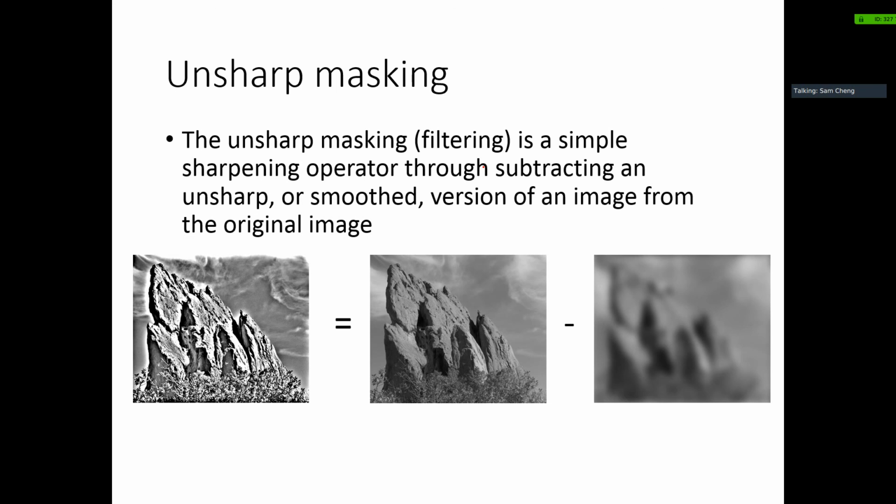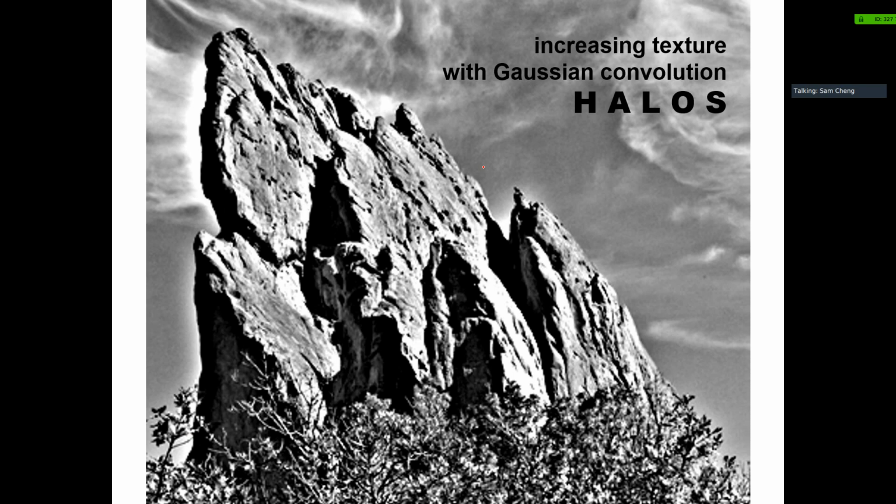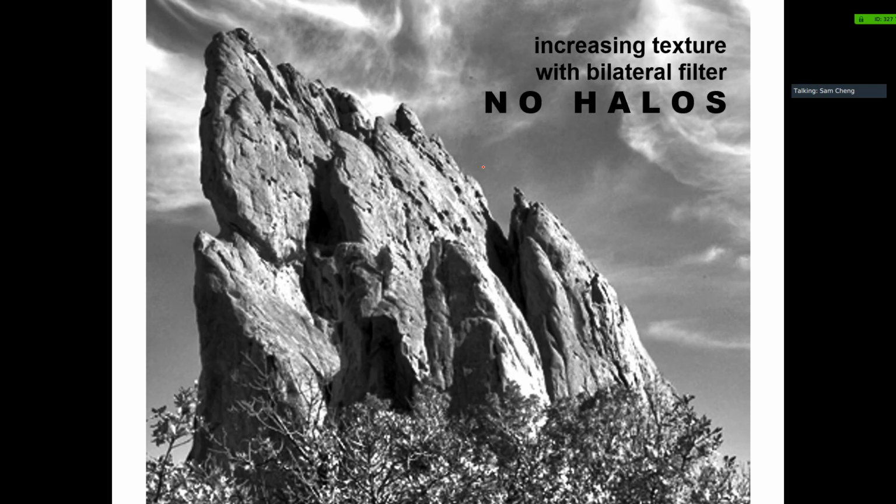There's another, relatively recent filter, I forgot when people invented it, maybe a couple of decades ago. It's the so-called bilateral filter. It tries to preserve the edges somehow. Basically, the idea, I will just give a quick overview.